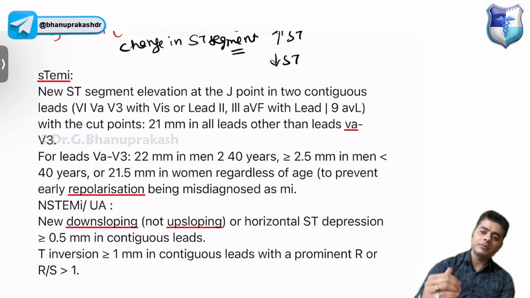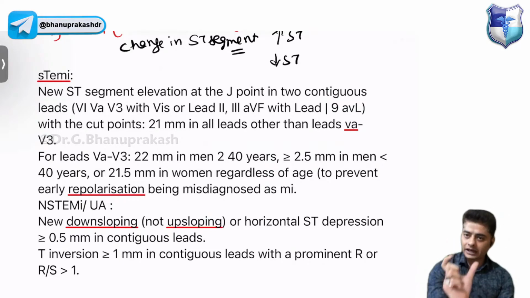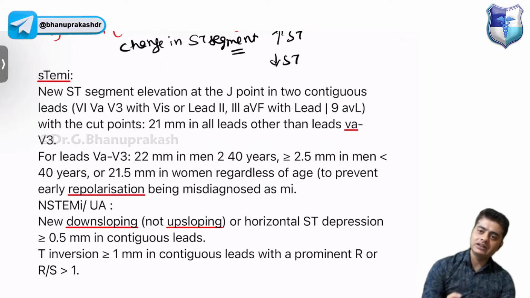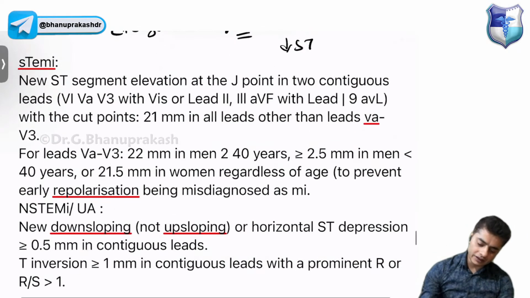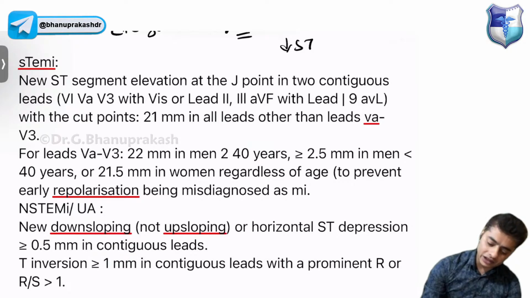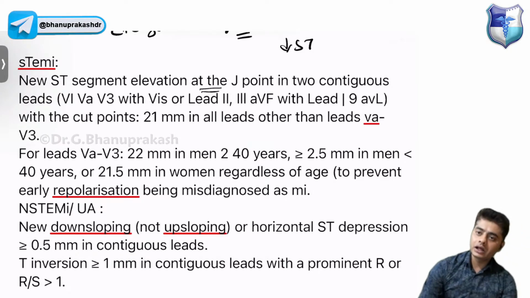So there is a criteria to define upgoing ST segment or downgoing ST segment. You can't say that any increase in ST segment is STEMI. There is a criteria. If that criteria is fulfilled, then you will call this ST elevation, likely due to MI. So what is this criteria? That is new ST segment elevation at the J point. Okay.